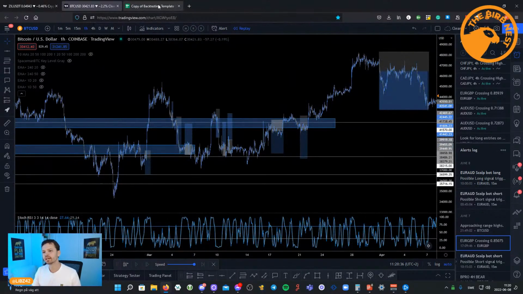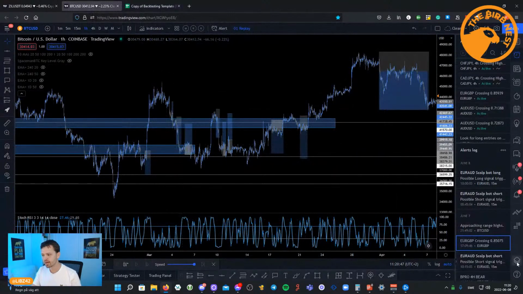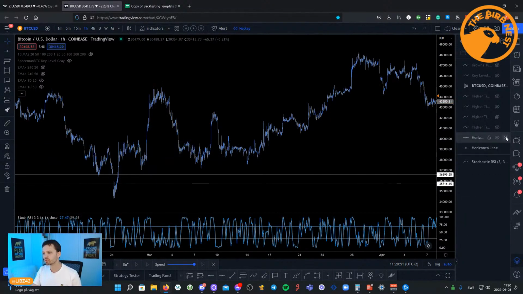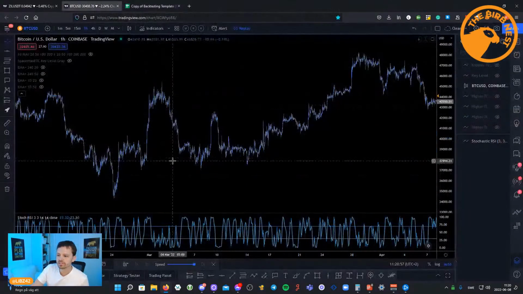But I would say that this strategy right here is flawed from the beginning, right? So what you then have to do is take a step back, remove everything from the chart, redo the backtesting template and start working on something new.